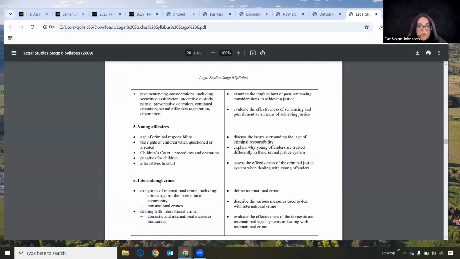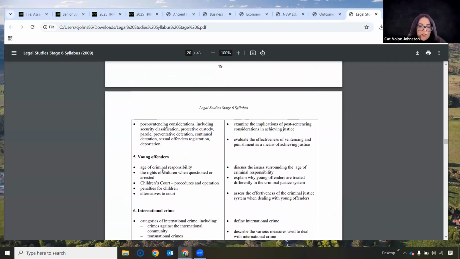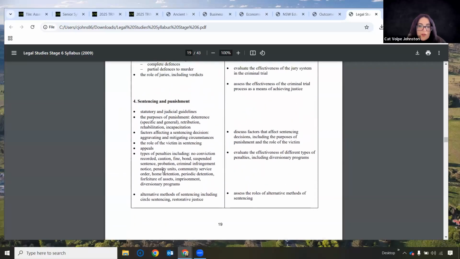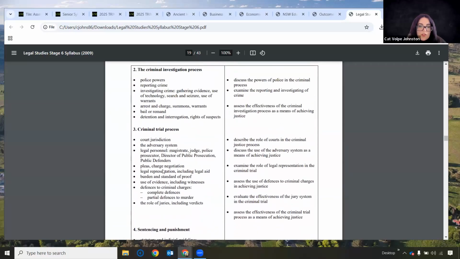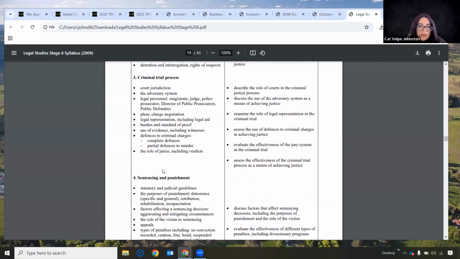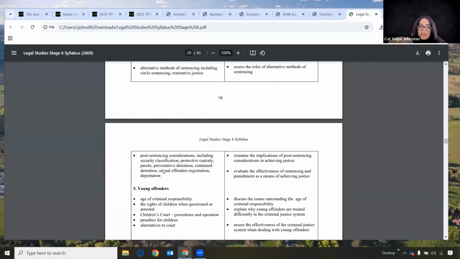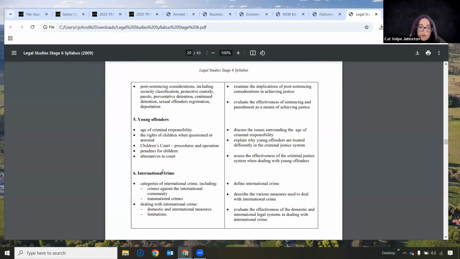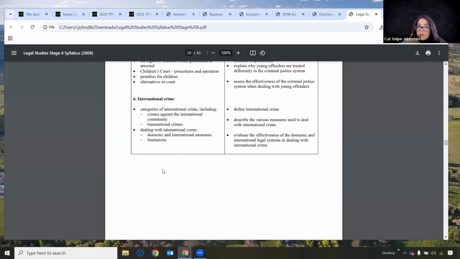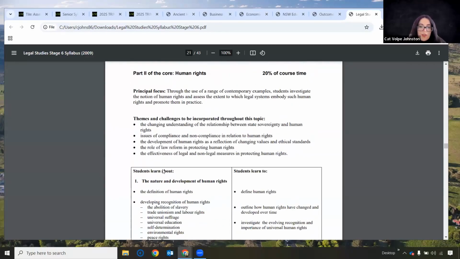This is an interesting one, young offenders. I think students have done that one before. It's pretty interesting. Looking at sentencing and punishment, and then sort of that second topic being like the young offenders perspective, children's court, international crime. There's another one, human rights.